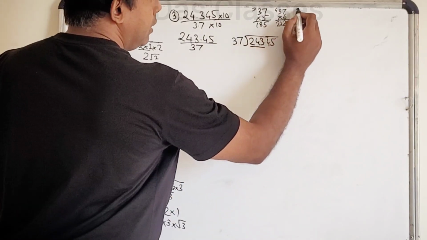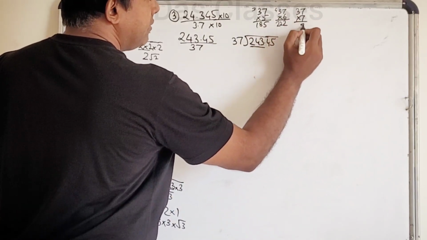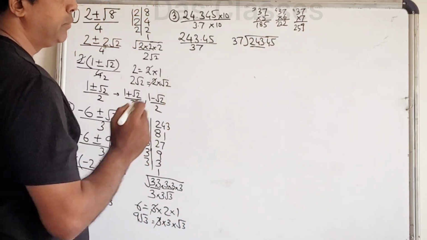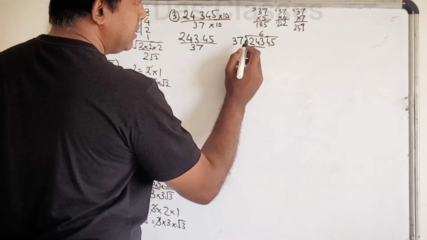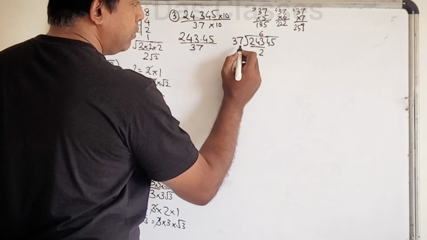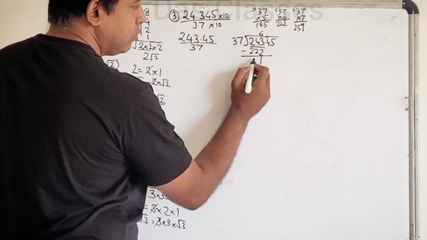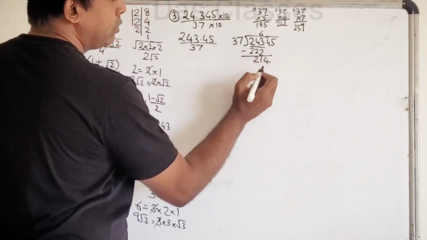So let's take the next number, 7 7s are 49, 7 3s are 21, 259, it has become bigger, so we'll divide it by 6. 7 6s are 42, 222, 1, 4 minus 2, 2, and 4.